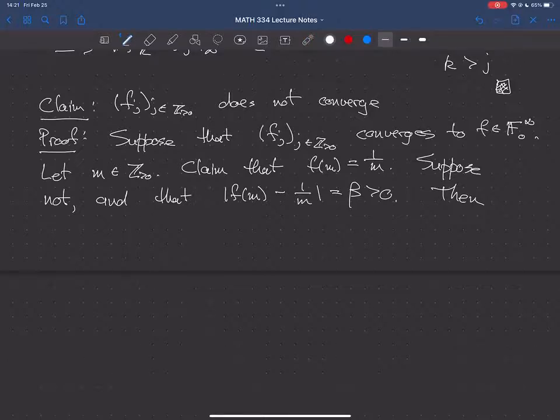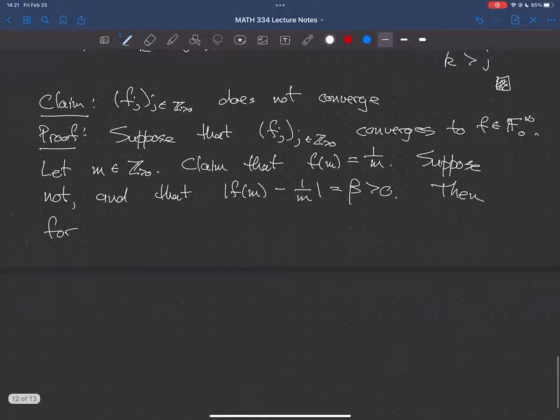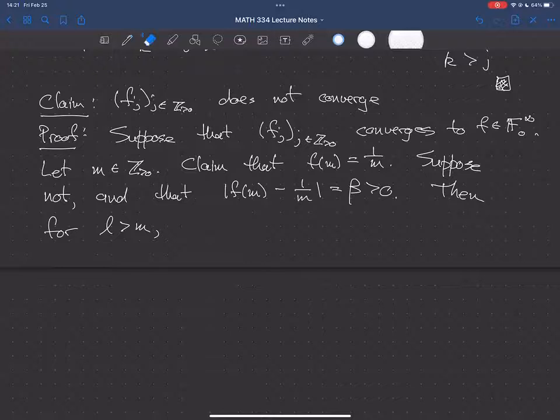So then for, let's say, L greater than M, I'm going to prove that it contradicts the convergence criterion.